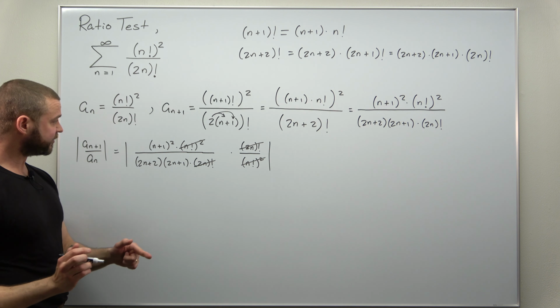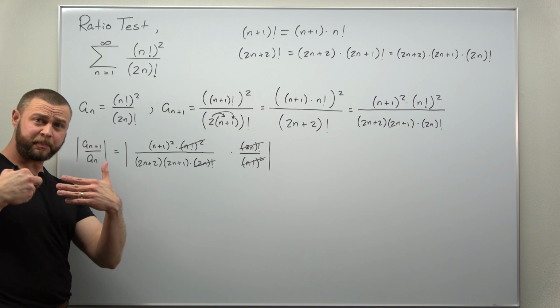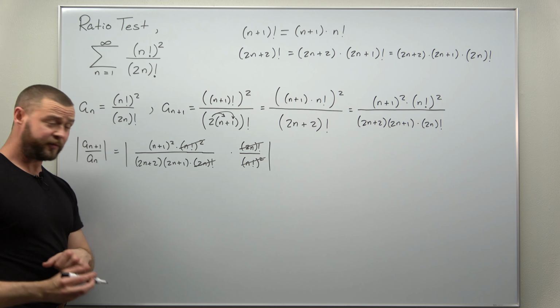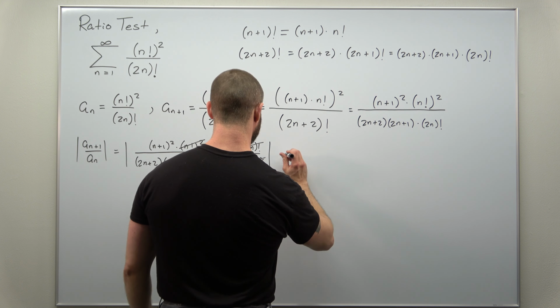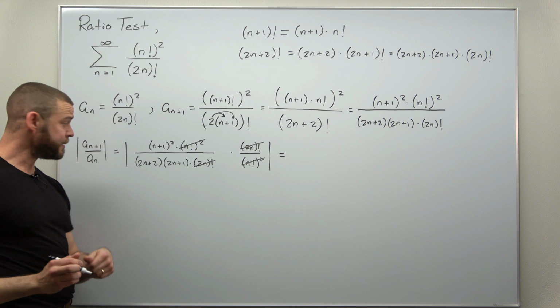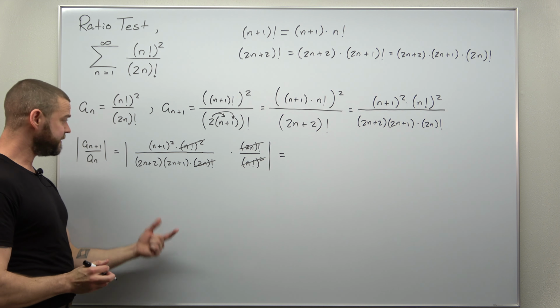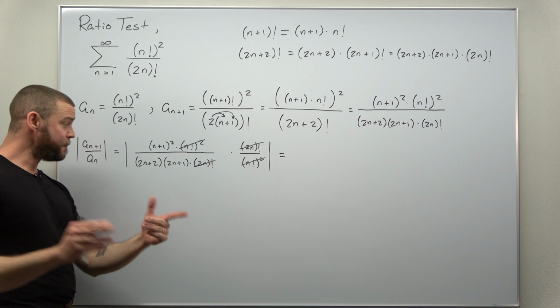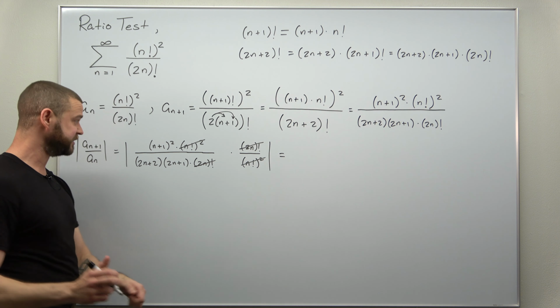And looks like what we're left with is basically some polynomial expressions involving n. And since we have factors n plus 1 and 2n plus 2 and 2n plus 1, n goes from 1 to infinity. So the absolute value here won't matter since everything inside is positive.